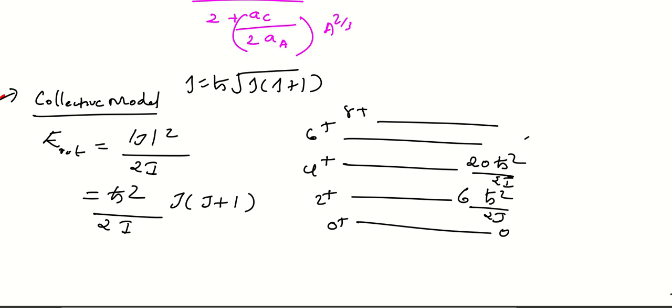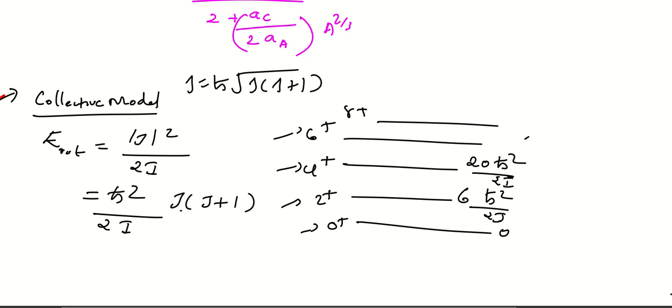Only even states exist, that is 0 plus, 2 plus, 4 plus, 6 plus. We know the ground state, as we substitute j equal to 0, is 0. For j equal to 2, we get 2 into 3, that is 6, h cross squared divided by 2I. For the next level there is no 3; only even states are there according to the collective model.